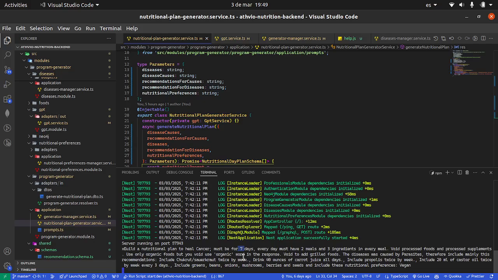I can only ask for 7 days because if I ask for more days, the ChatGPT servers have a lot of latency. That means it takes a lot of time to get one response from the ChatGPT servers. For that reason, I am asking for 7 days for now. Maybe there is some way to improve the latency. I still need to review that.